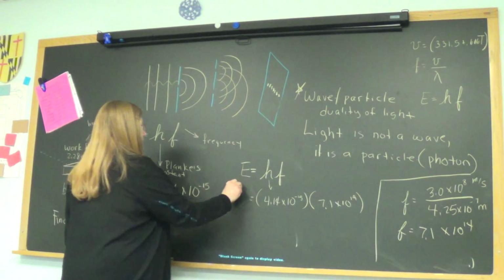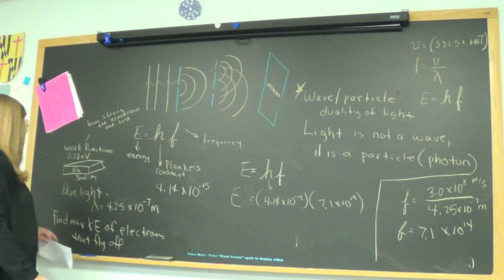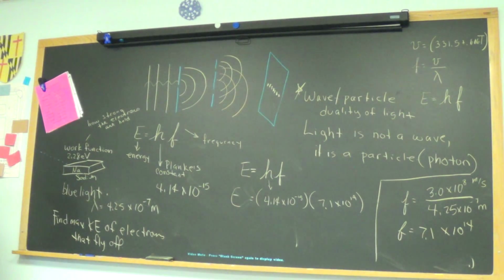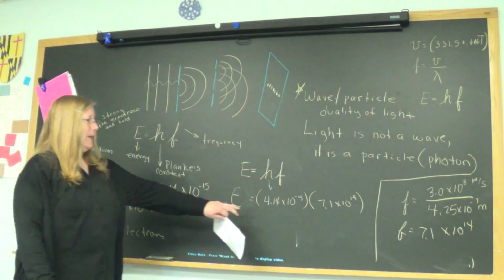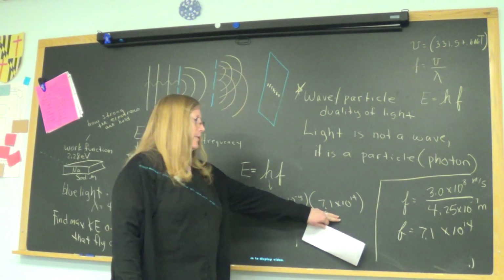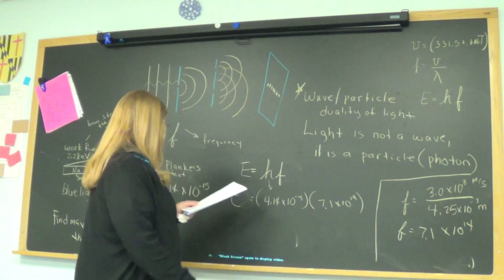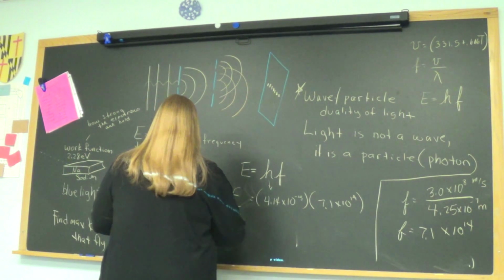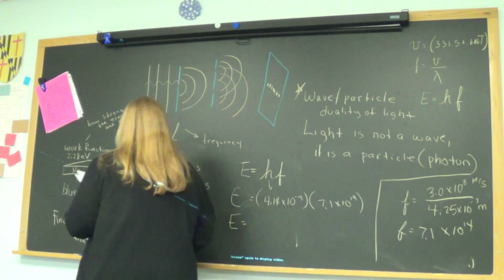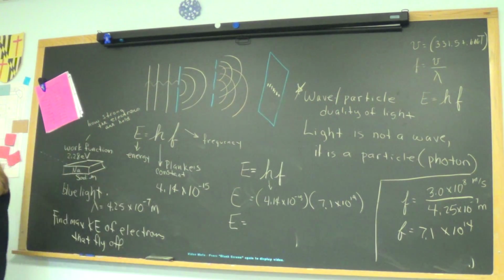Zach, figure out the energy. The question says find the max kinetic energy. This won't be the answer, but we'll be close. Can you multiply? This is Planck's constant, and this is the frequency that we just found. So Zach, put those together and give it to me in 2 sig figs. It should be small.